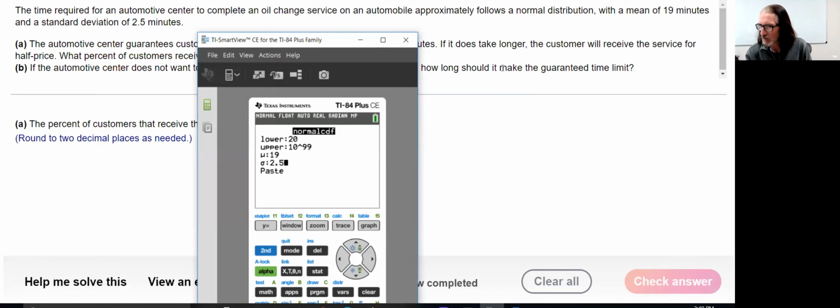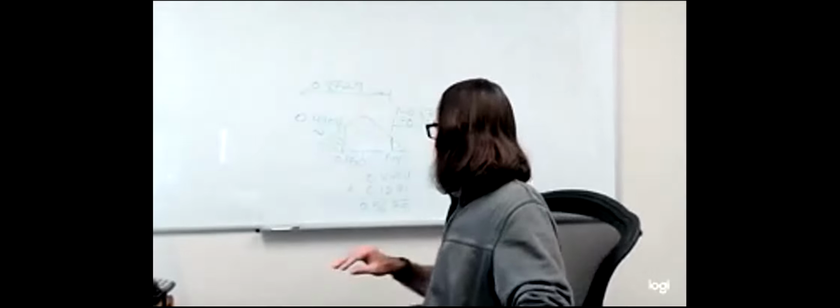It should not take longer than 20 minutes. So, mean of 19, standard deviation of 2.5. 20 minutes is somewhere in here.